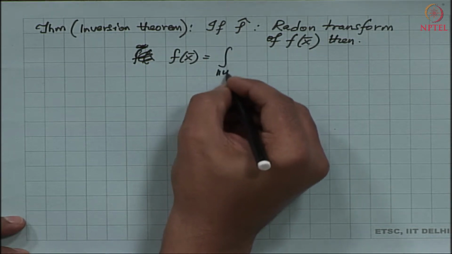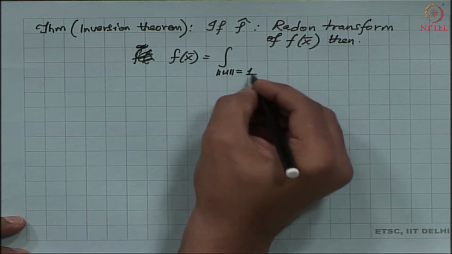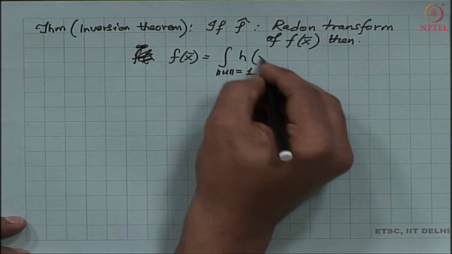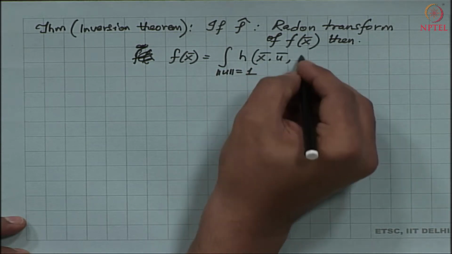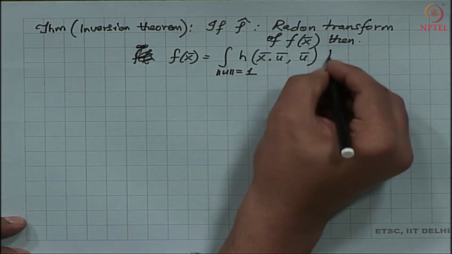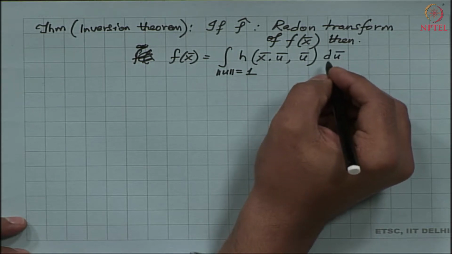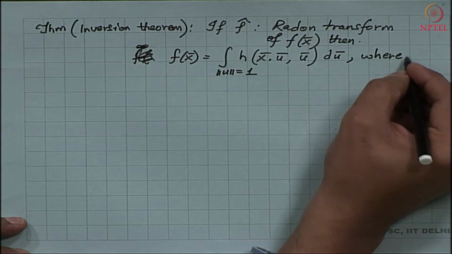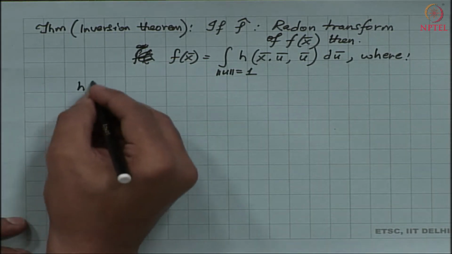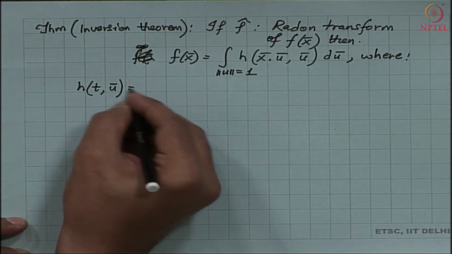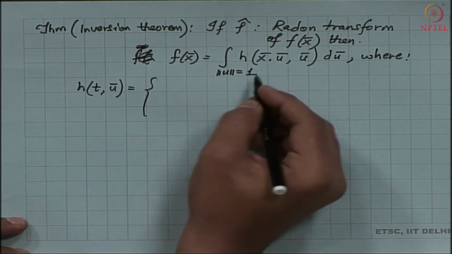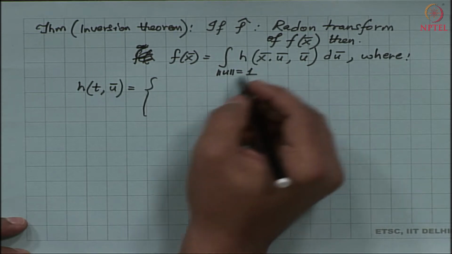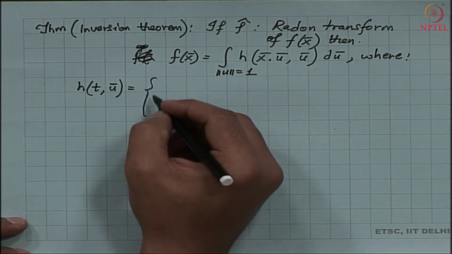This is also equal to the integral over the hyper surface of this function h of x dot u comma u du. Okay. So, where I have that h of t comma u is given by this expression. After evaluating the two integrals for this function h, I arrive at a very compact notation.